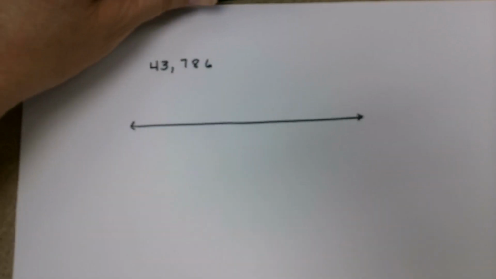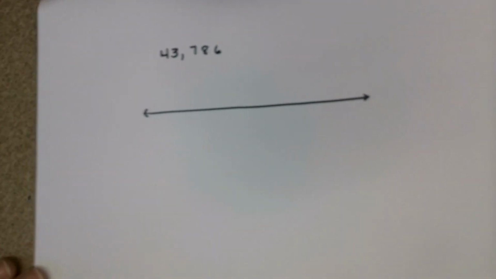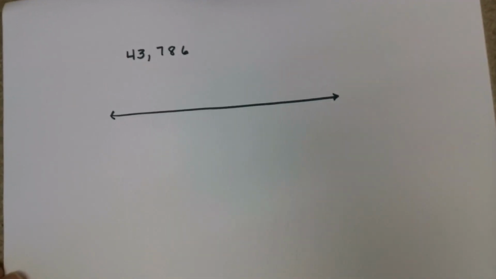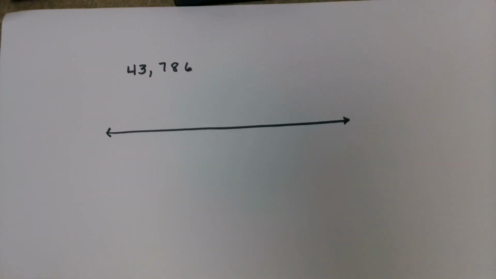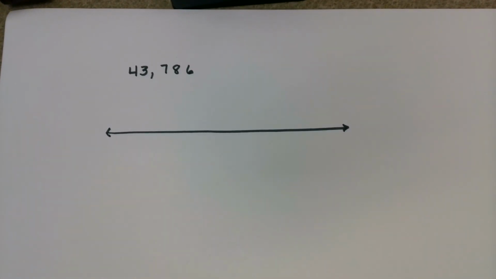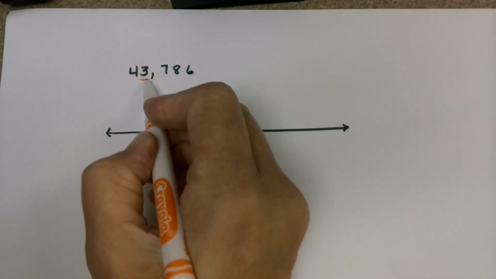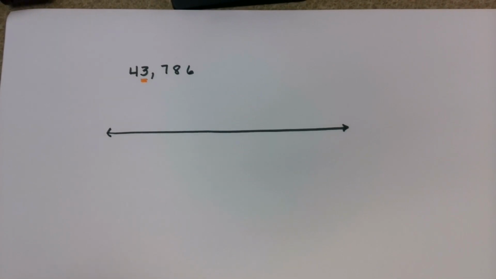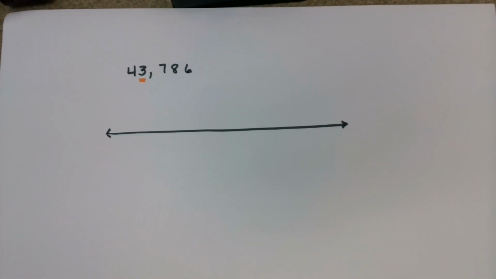So again, sometimes it is underlined, sometimes our directions just tell us the spot. In this case, let's go ahead and identify which one the thousands is. My thousands is that one right there, and currently has a 3 there. So 3,000.